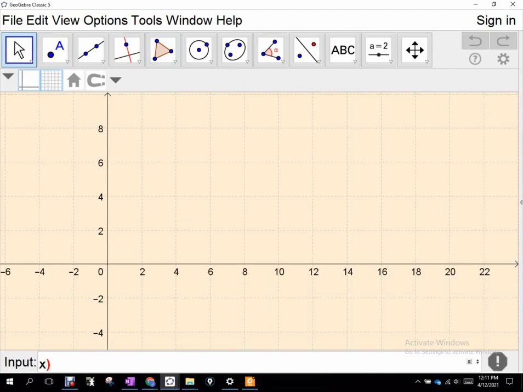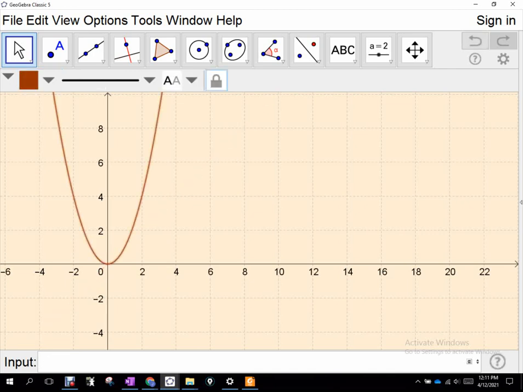if I start with something like x squared, and we want to see what x plus 4 squared minus 5 looks like.